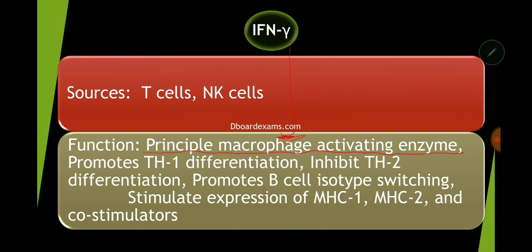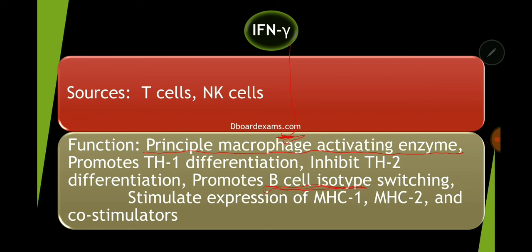So B cell isotype switching means, remember, the B cells mature to become plasma cells, and the plasma cell can do isotype switching. It can produce one immunoglobulin and then switch to produce another immunoglobulin.